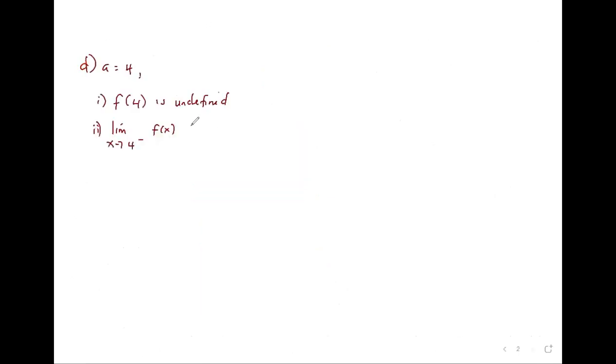So I get -2, which is the limit as x goes to 4 of f of x. And then 3, you want to check if it's continuous. Because we're getting the same thing from both sides, the limit exists. So the limit as x goes to 4 of f of x is -2.